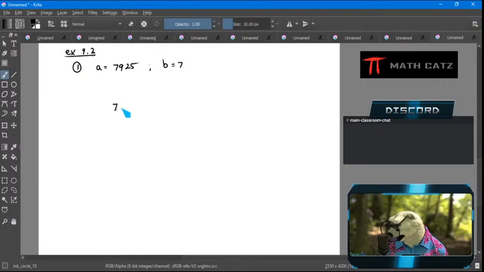Well, the large number is going to go into the house. I'm going to give myself more space. Let's make it nice and big. People do division in a variety of ways. Stick to the detailed one.